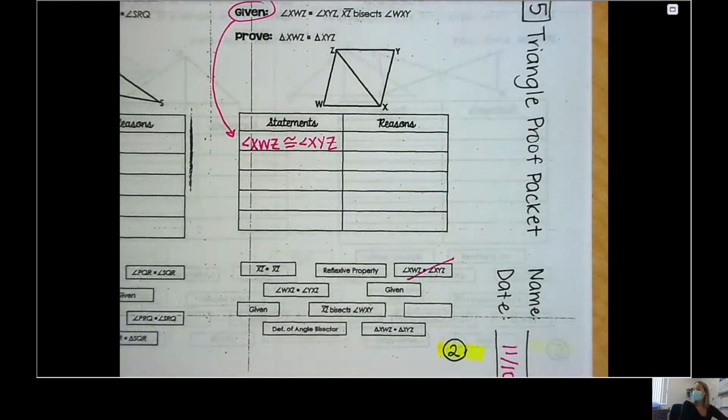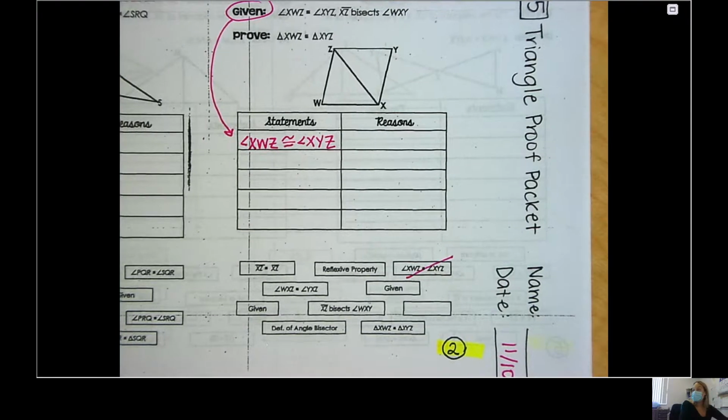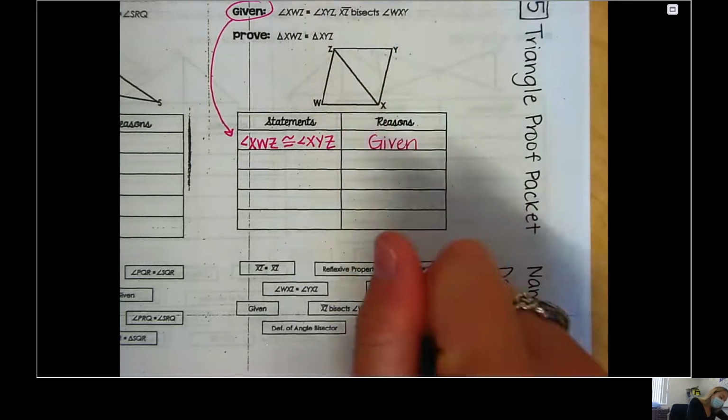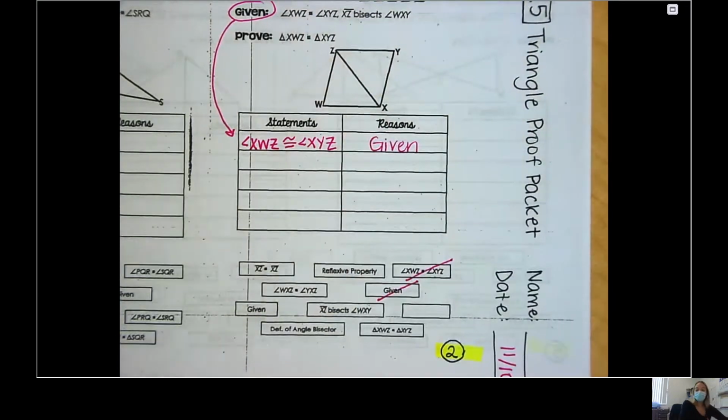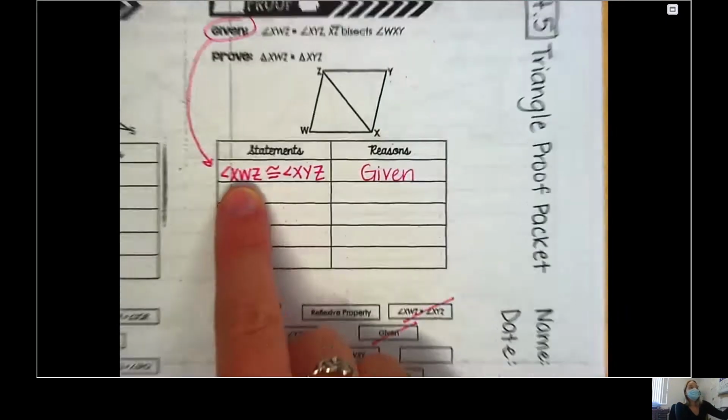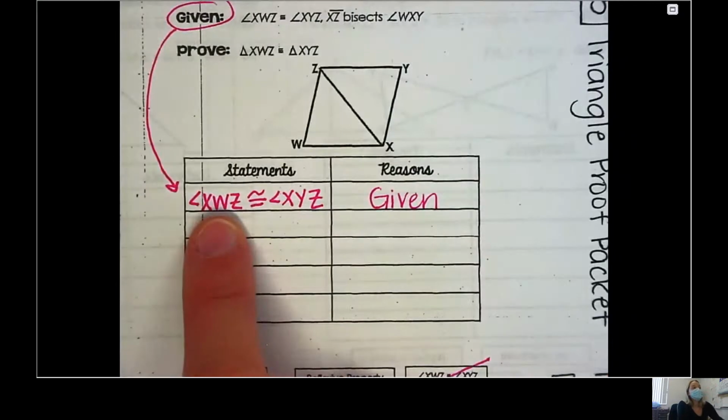And then what would be your first reason? How did you know that statement? It was given to you. So then I mark it off. After you write each sentence, we're going to mark it in the picture. It's the second letter that you want to look at when you're talking about angles, because the second letter is going to tell you which one to mark.